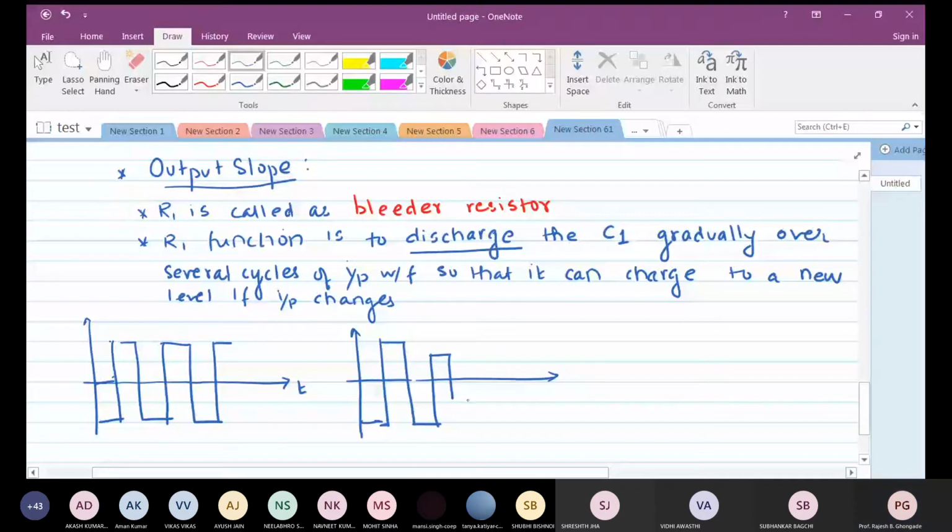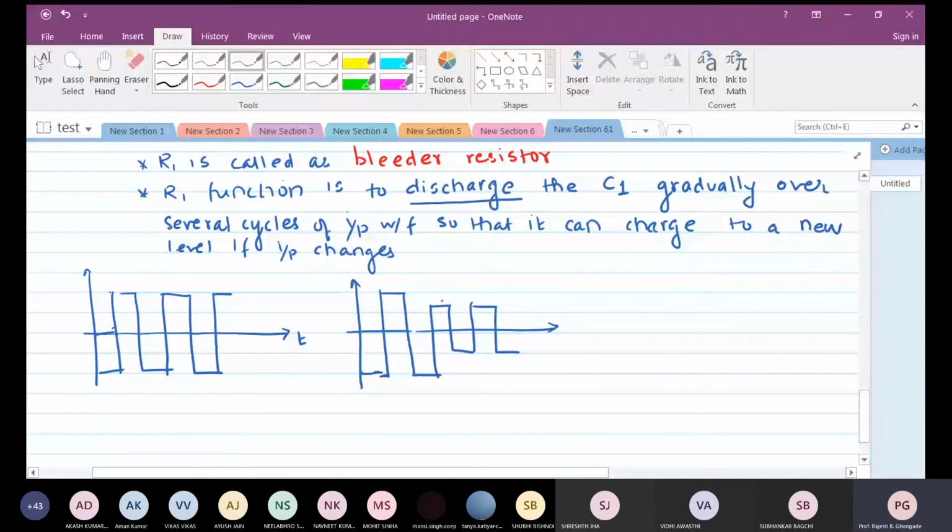Something like this. If the voltage level changes like this, the capacitor voltage will still be stuck to the original E minus Vf, and it will not be able to correctly shift the waveforms which follow.